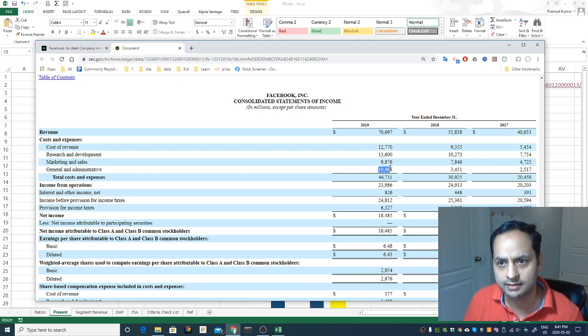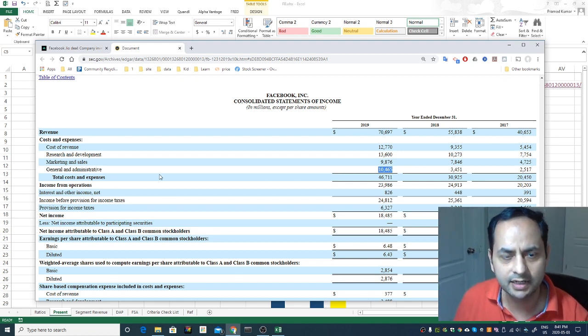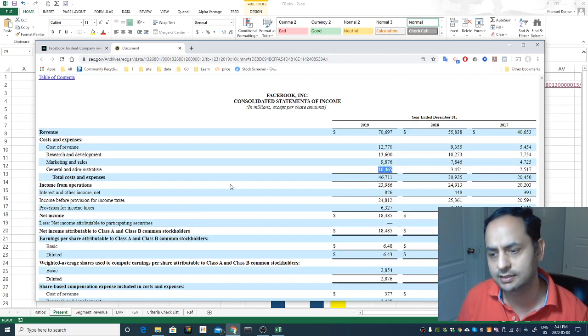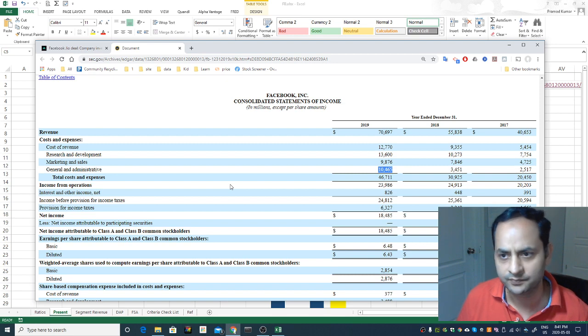One thing I find is that this is quite heavy in general administration, and here you see it is 2 billion, almost 3 billion, and then jumps to 10 billion. Then I notice, what the hell is going on? But this general administration, when I look into their description, is more like lawyer salaries and other considerations.